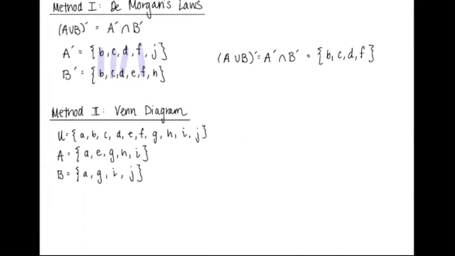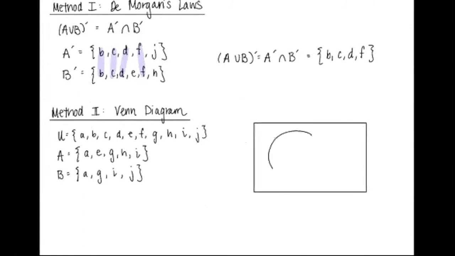So here is set A, here is set B, and our universal set out here. I've got to start with the stuff that's in common. They both have A, G, and I in common. So that goes right in the middle.